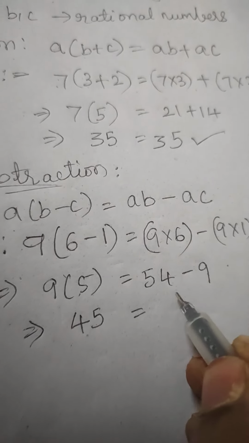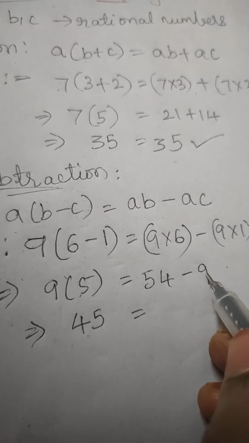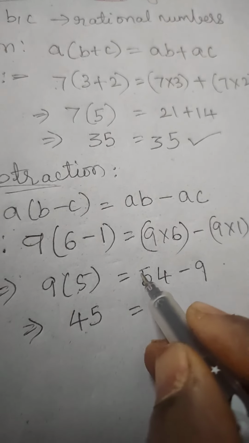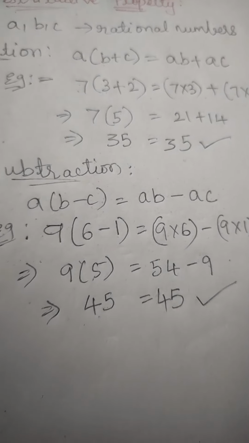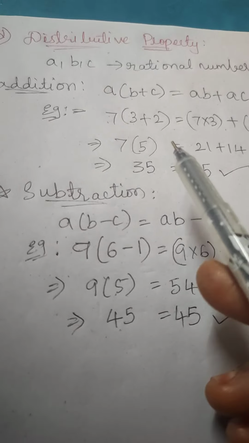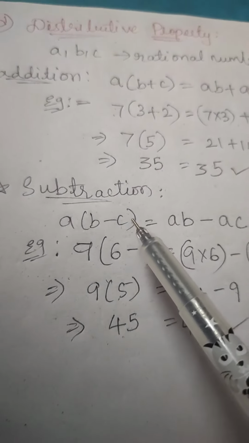Sorry, 54 minus 9: if we borrow here, 4 becomes 14, and 14 minus 9 is 5, and here 4, so 45. This is also satisfied. So the distributive property in case of rational numbers is satisfied for both addition and subtraction.